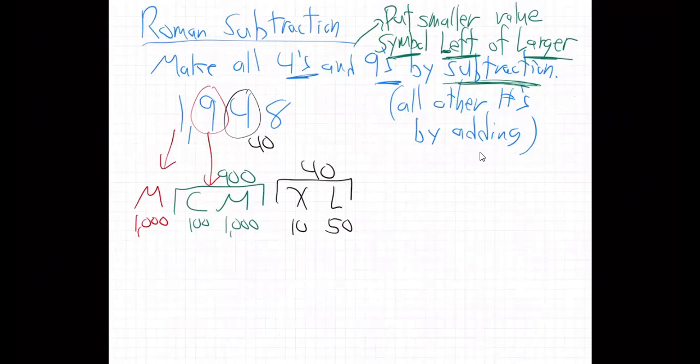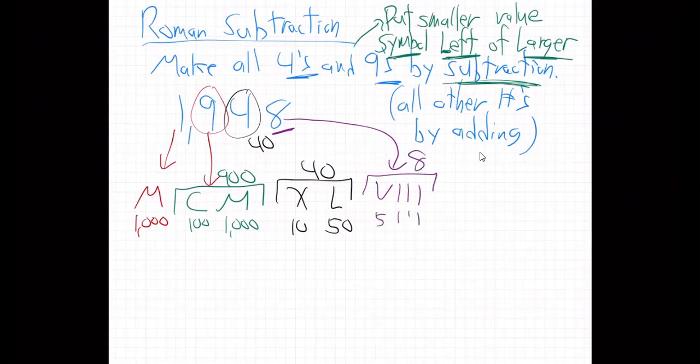And then last, we've got the 8. Now 8, are we going to make 8 by adding or subtracting? Adding. Yeah, it's just adding, right? Only 4s and 9s are made out of subtraction. So it's going to be VIII, right? There's our 8. VIII, that's just 5, 111. That's my 8. We got it.